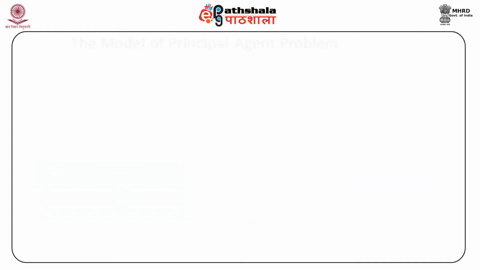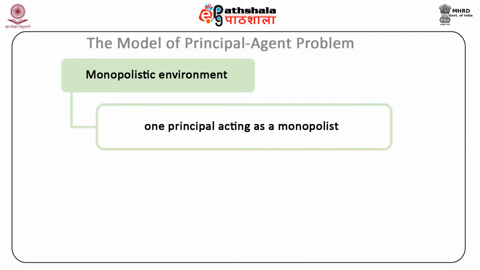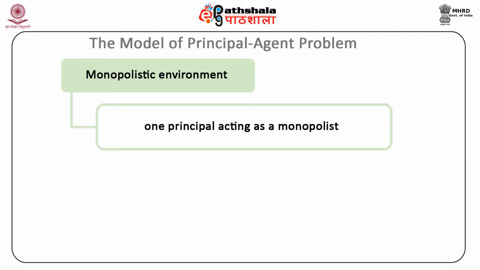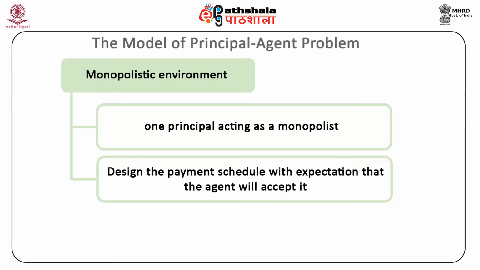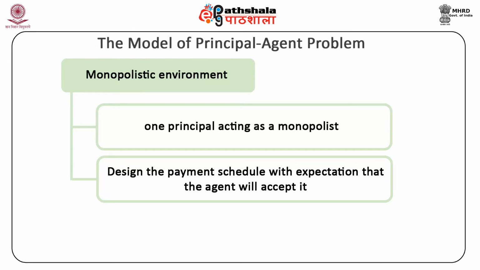There are two kinds of principal agent environment. One is monopolistic environment and another is competitive environment. In monopolistic environment, there is one principal acting as a monopolist. His responsibility is to design the payment schedule with the expectation that the agent will accept it.